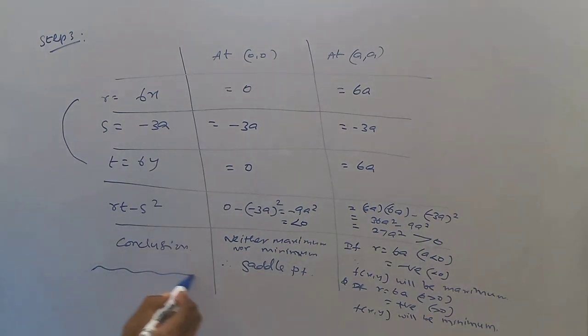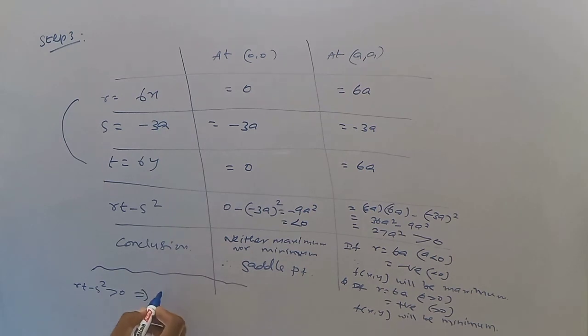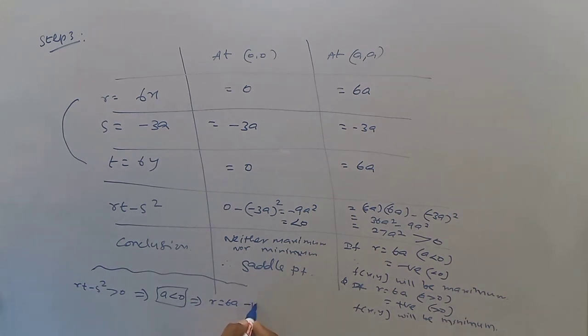So what is the conclusion? Rt minus s square greater than 0, then a less than 0 means r equal to 6a is negative.